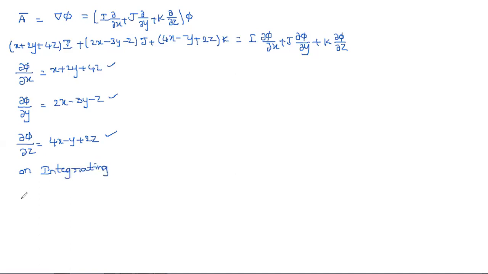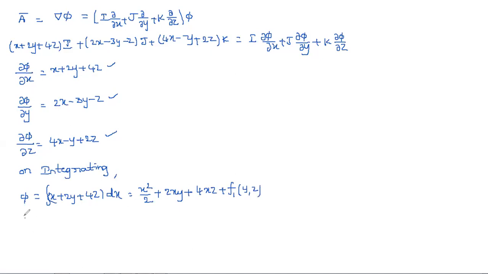On integrating, first, ∂phi/∂x gives phi, and the integral of x plus 2y plus 4z with respect to x is x squared by 2 plus 2xy plus 4xz, since with respect to x, y and z are constants, plus the constant f1 of y and z.